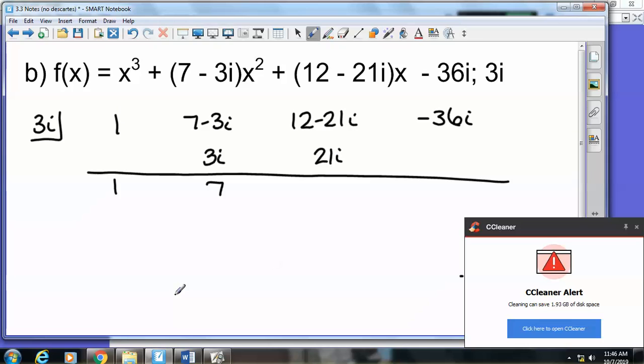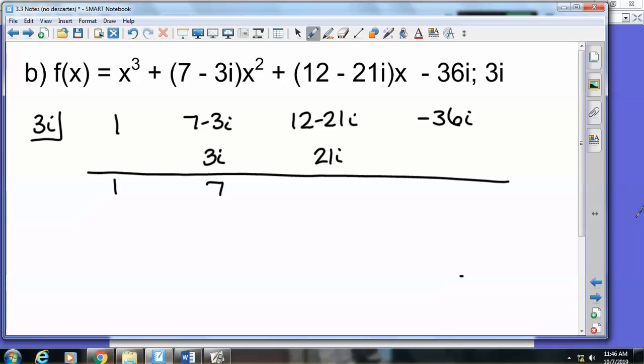We get 21i. Add those, and multiply gives me 36i, and that gives me 0. So this factors into x squared plus 7x plus 12.